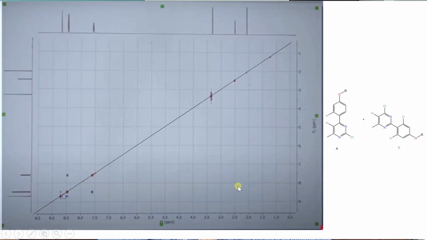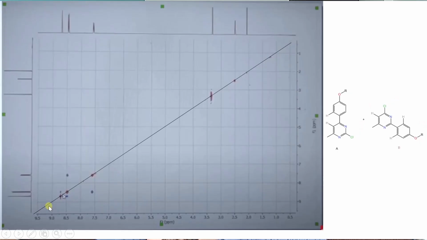So we can see whether there is any correlation happening in this NOESY spectroscopy. If it is there, then A will be the desired product, the product which they have extracted, or if there is no interaction, then this is the B product.